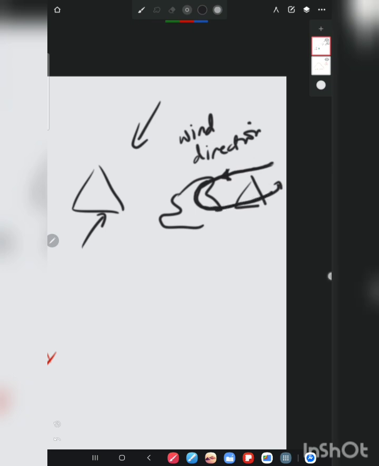So hot to cold, hot to cold. And then it pushes the cold air that's already in there. So the air circulates. So this area is actually cooler than, let's say this is the water. This area is going to be cooler than just land. So this is land. And there's no water inside. It's all land.